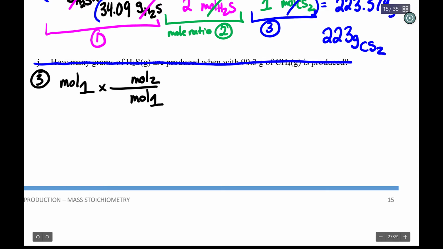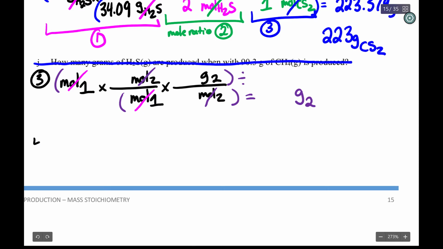The moles of 1 would cancel with moles of 1. I would then have to convert the moles of 2 into grams of 2 using the molar mass. This would cancel out moles of 2, everything on top, hit divide, everything on bottom, hit equals, and we would get grams of the substance we're solving for.